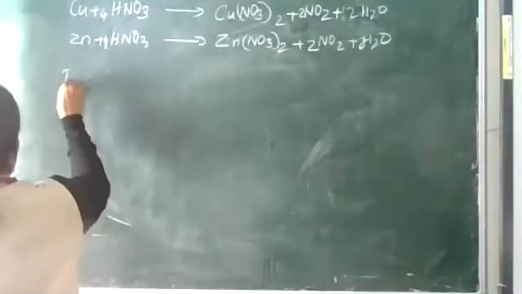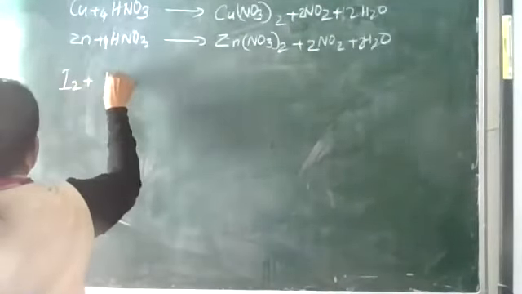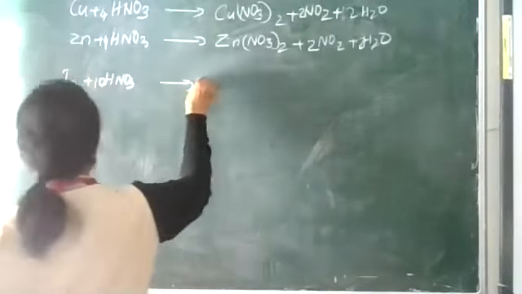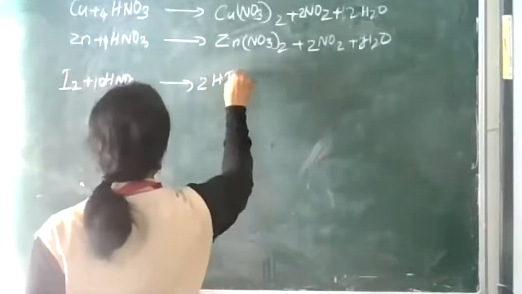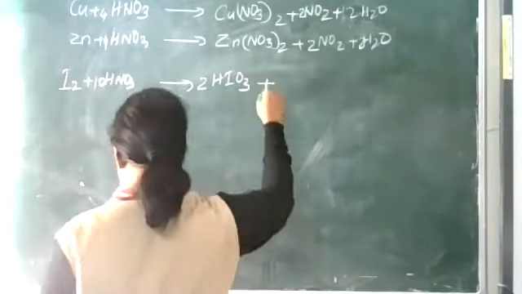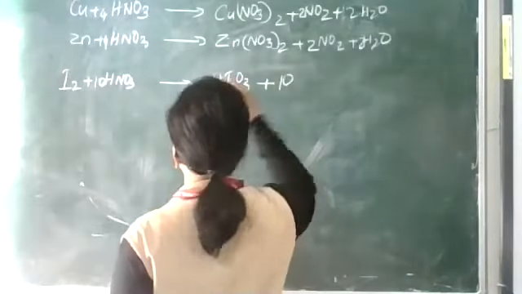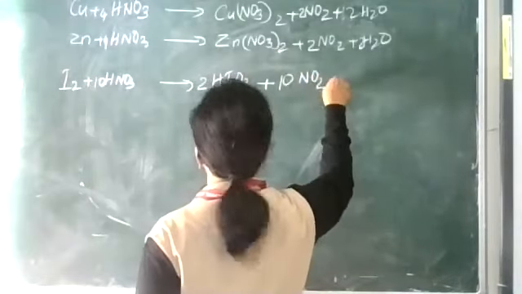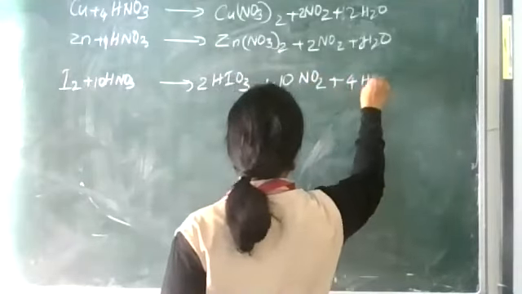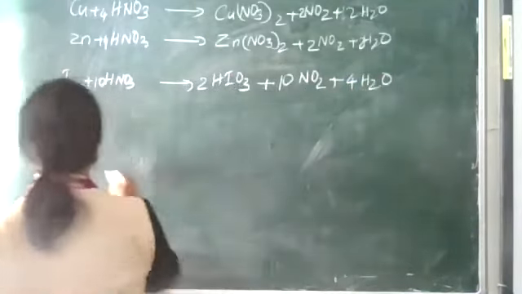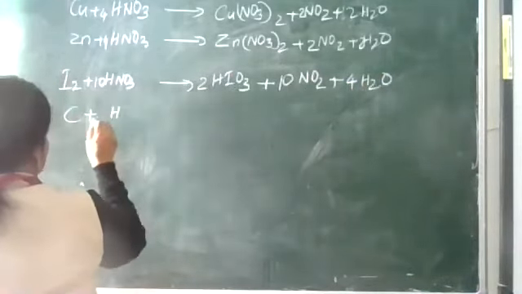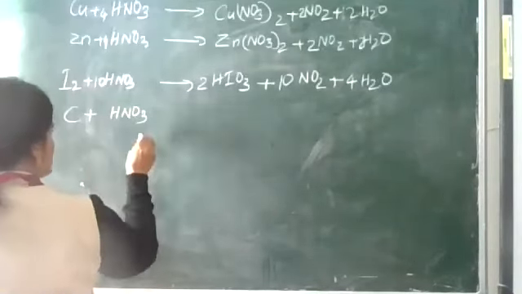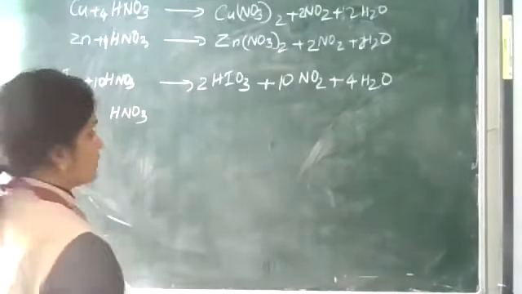Next, I2 plus HNO3 gives HIO3 plus NO2 plus H2O. Then carbon plus HNO3. Carbon is oxidized to carbon dioxide.